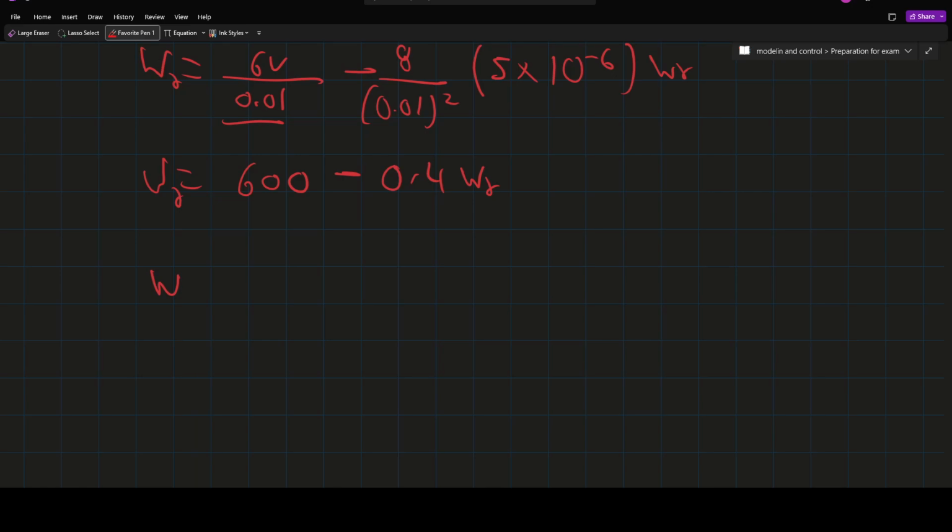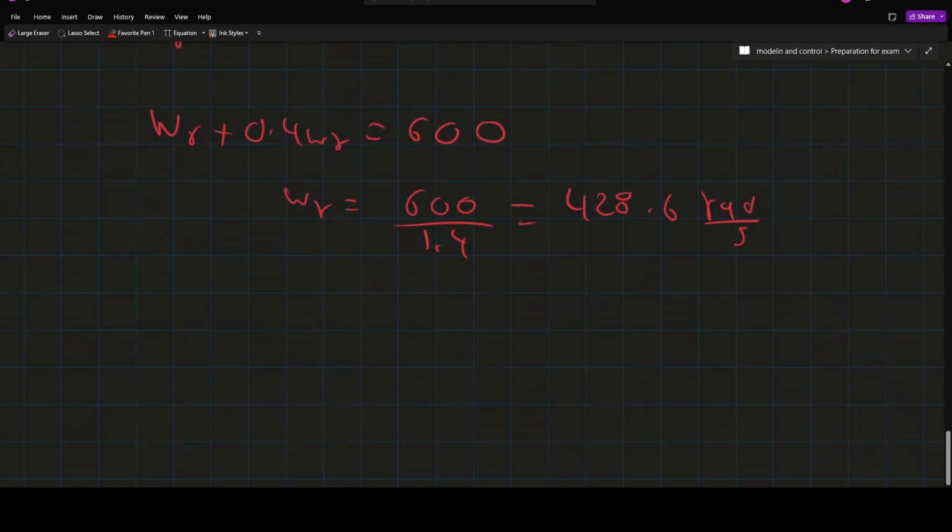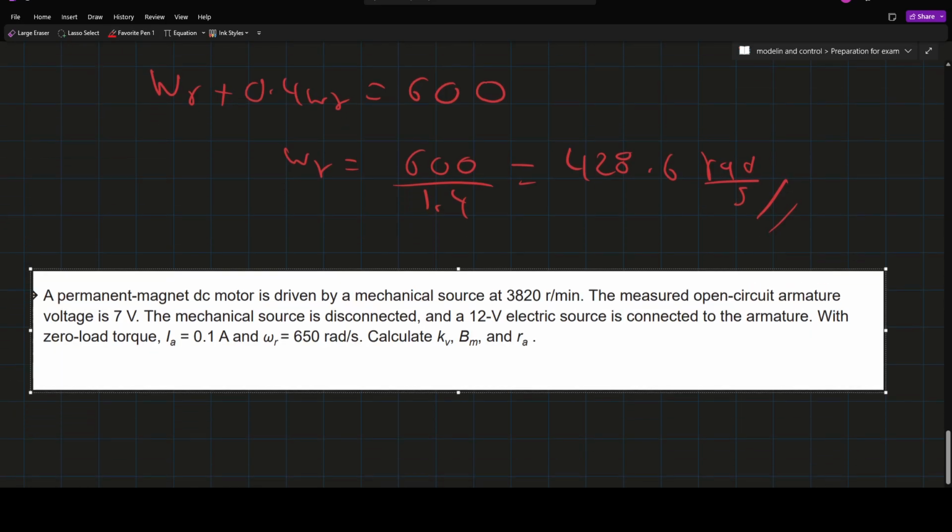Now we are gonna have that omega r plus 0.4 omega r equals 600, and we can say finally that our omega r is 600 over 1.4 equals 420.6 radians per second. So remember, omega is always in radians per second. If they give you any other units, you need to change it first to radians per second.